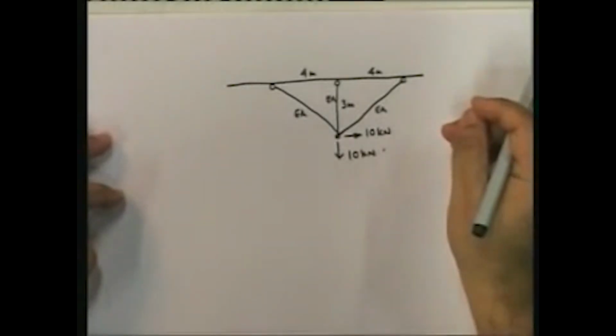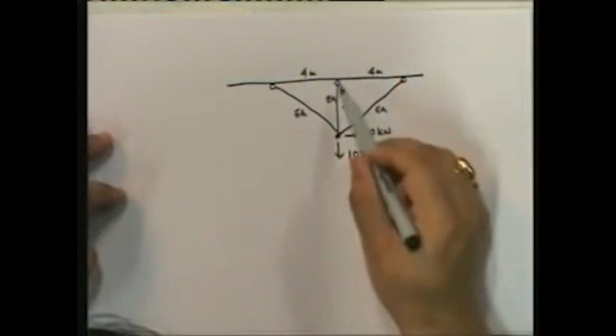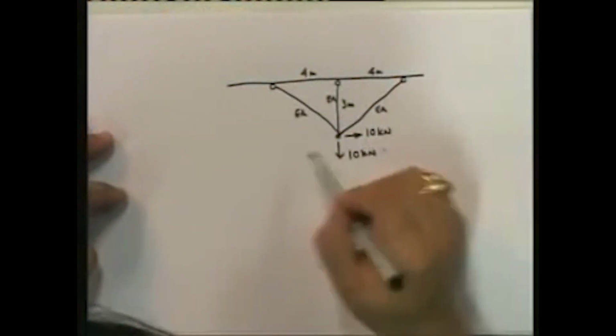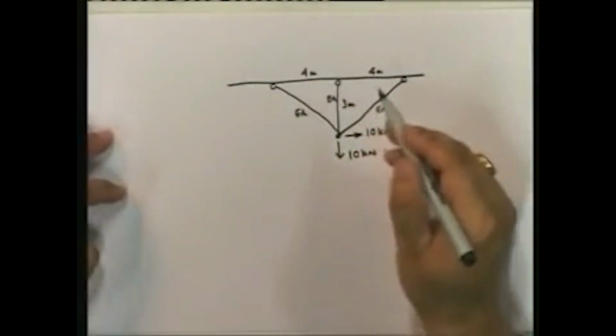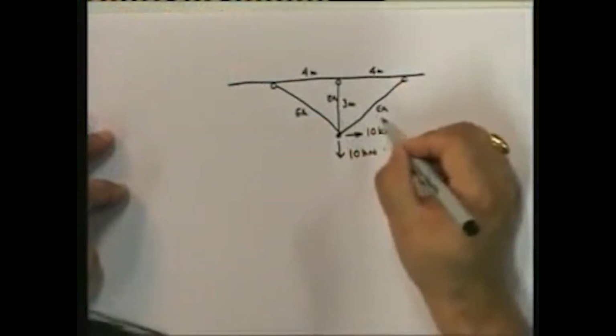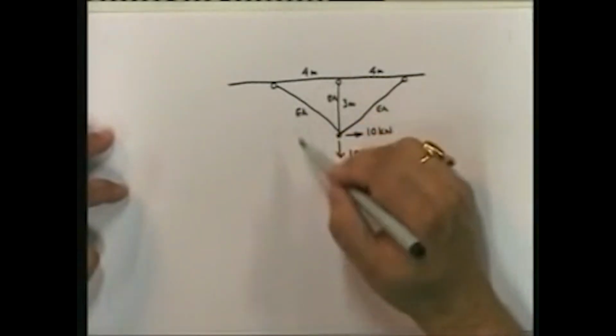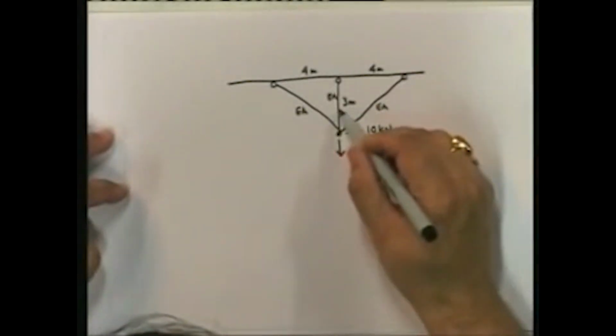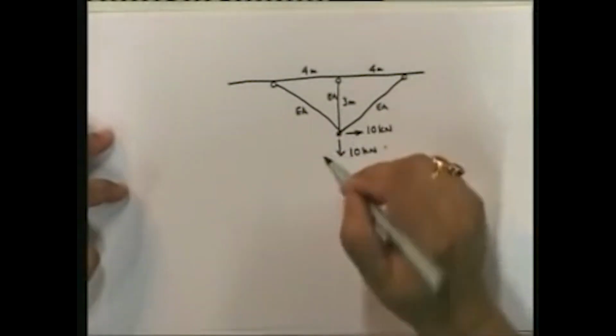You start off with defining the degrees of freedom. So this is essentially all truss members. Although this does not look like a truss that you would have normally, the reason why I'm taking this is because it is simple. I'll take up another example also in which we will see how it works. Here, this is a statically indeterminate truss. You cannot find out the forces in each of the members given this load.